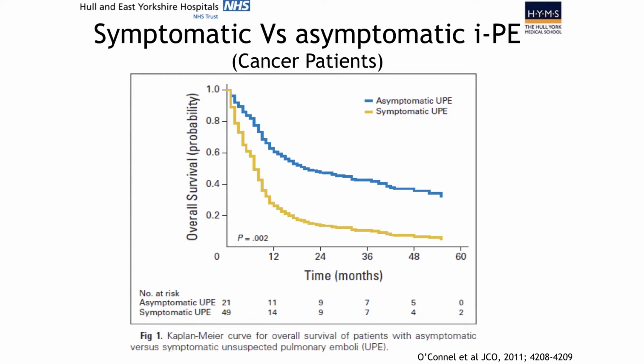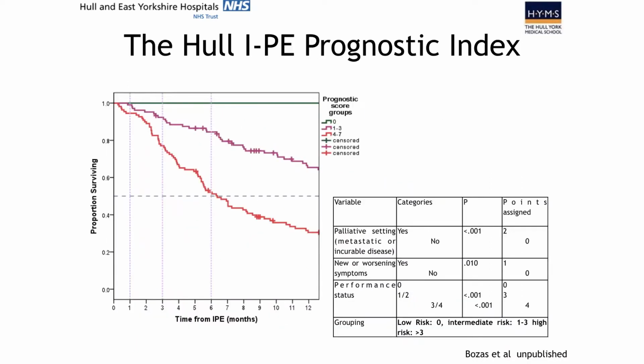But then the reports happen in the literature, so these are all letters I'm going to go through, where the same patients that I showed you earlier, those 137 and 70 by O'Connell, were filleted according to symptoms. And they said their symptomatic patients do really much, much worse than their asymptomatic patients. And this is the data that we have generated now from those 248 patients, okay, which now separates them into 3 nice groups.